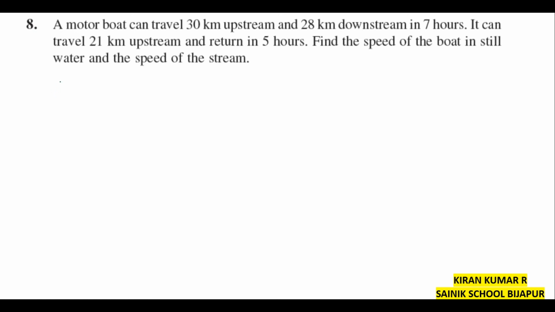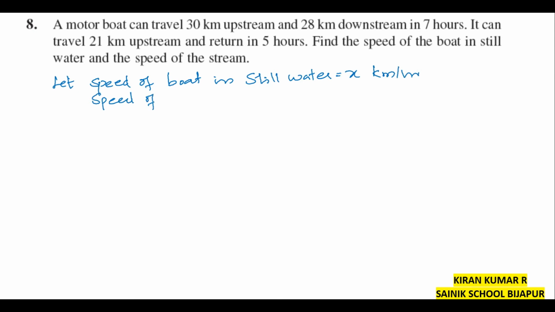This question is also very important. Let me consider the speed of boat in still water as x kilometer per hour and the speed of stream as y kilometer per hour.